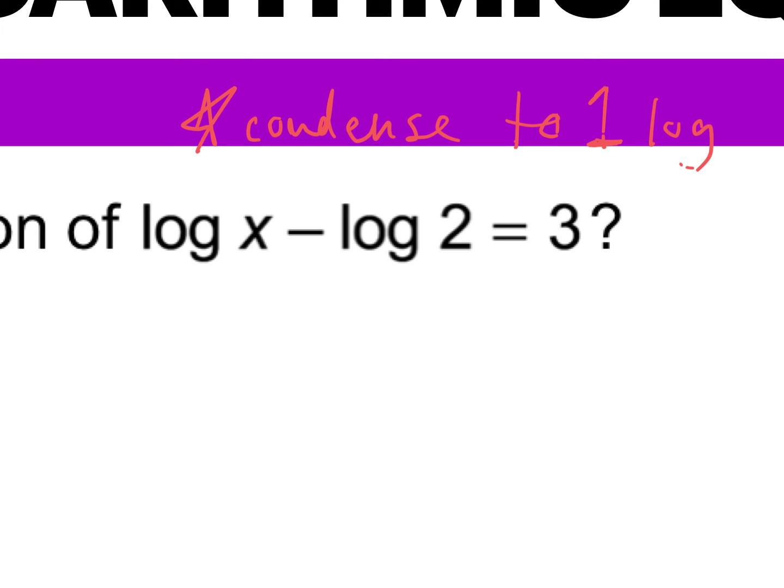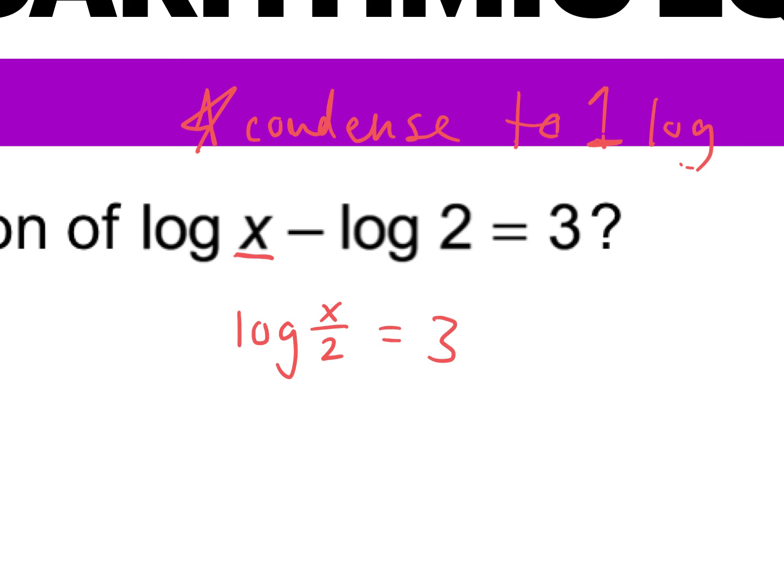If we're subtracting, what goes with subtraction? Division. So this would be log. What goes on top? What divided by what? 2. So the first one goes on top, so it would be x divided by 2.